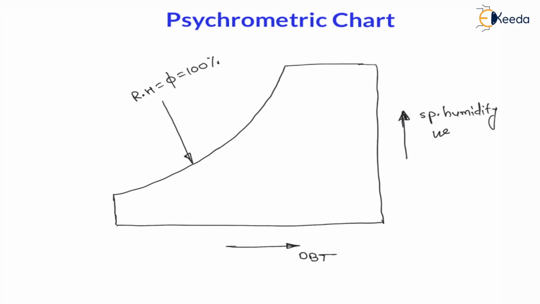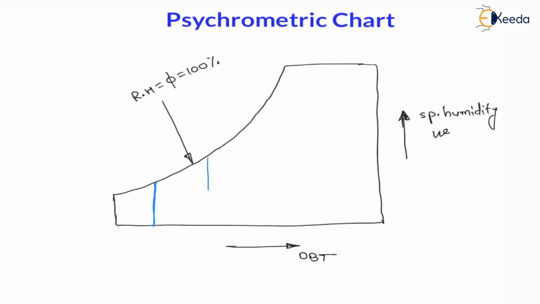Now on this chart, the first point: vertical lines with uniform spacing on the psychrometric chart are called dry bulb temperature lines. Very important point. Let us say here I am going to draw vertical lines. This is a vertical line, called a dry bulb temperature line.